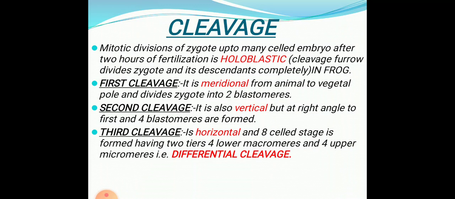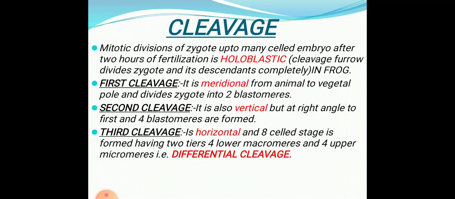If both the blastomeres are similar in size, then it is called equal cleavage. In the frog, the blastomeres are dissimilar in size, hence it is called unequal cleavage.